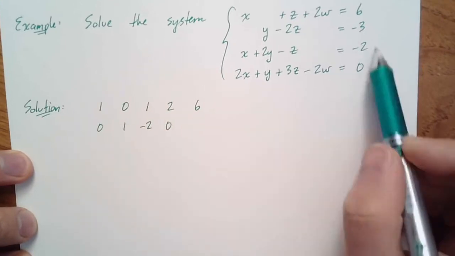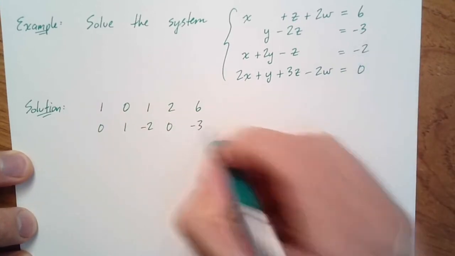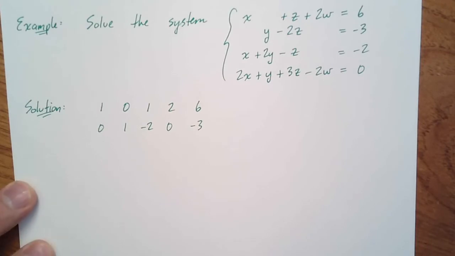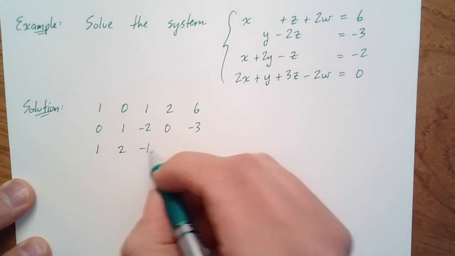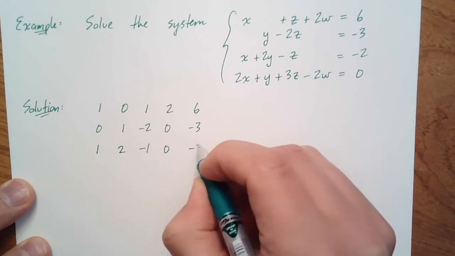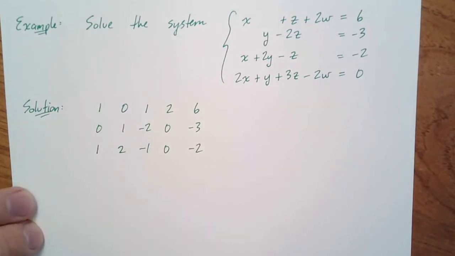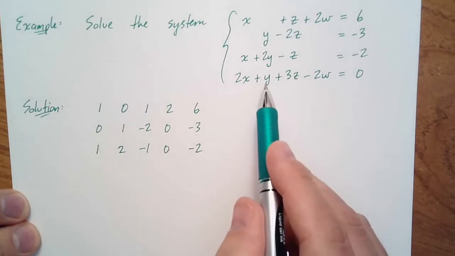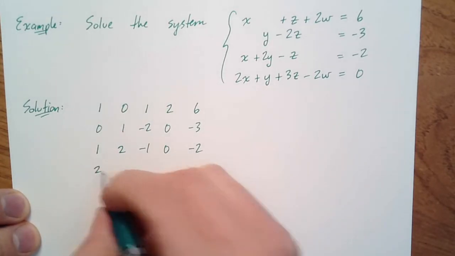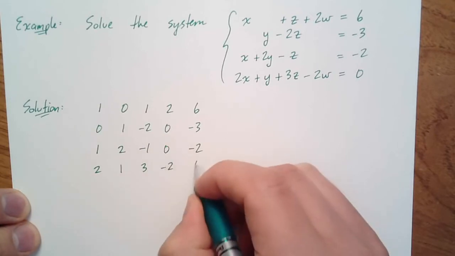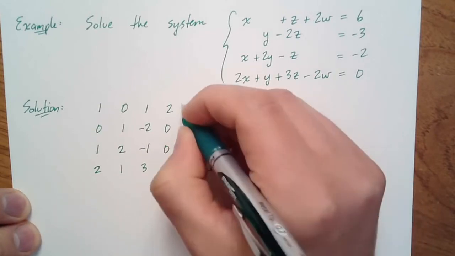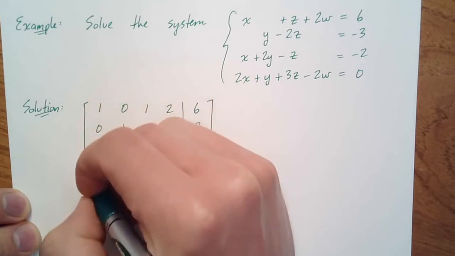And then for the constant term, we've got -3. Our third equation will be 1, 2, -1, 0, -2. And then we have 2, 1, 3, -2, and then a 0 for our constant term. So here is the augmented matrix.